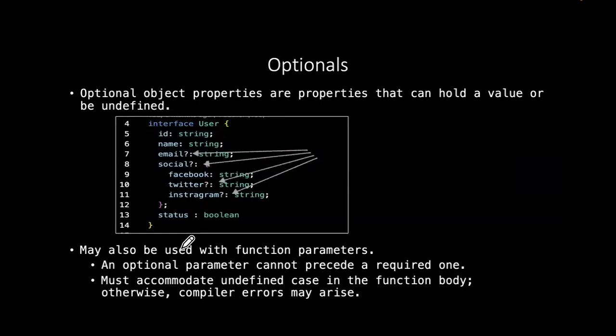You can declare certain parameters of a function as being optional. Now, there is a restriction though. You can't have mandatory parameters after optional parameters in the function signature. Or put it another way, the optional parameters have to be at the end of the list of parameters to a function.